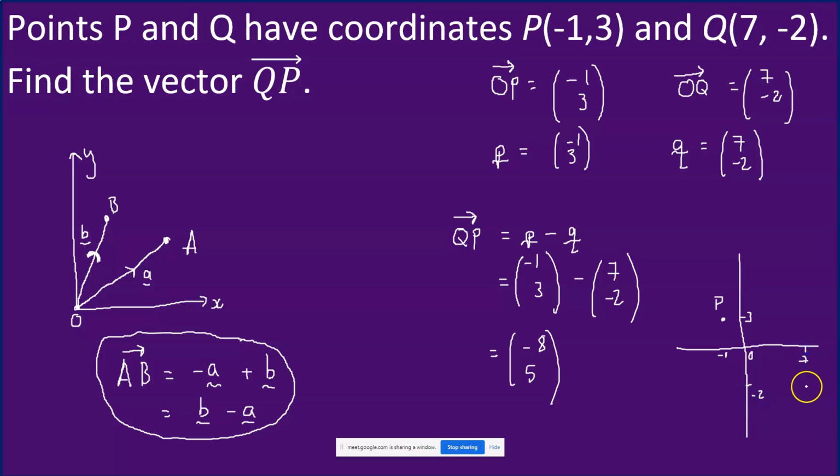And basically I want to know how you get from Q to P. If you have a look, I'd go 8 across, all the way across 8, and then you go up 5. Now it's great if you can draw it and see it, but there are more complicated problems, which is why I've done it abstractly. So that's how the two pictures match up.